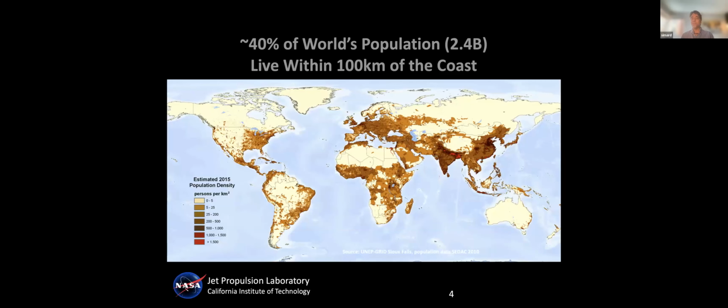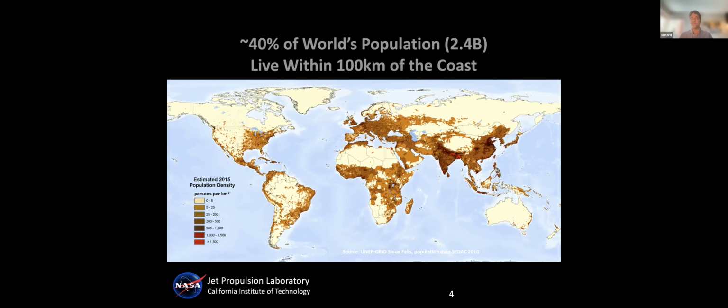It is extremely important to understand what's going on in these coastal areas. We know that about 40% of the world's population live within 100 kilometers of the coast. So a very big proportion of people depend on our coastal resources.